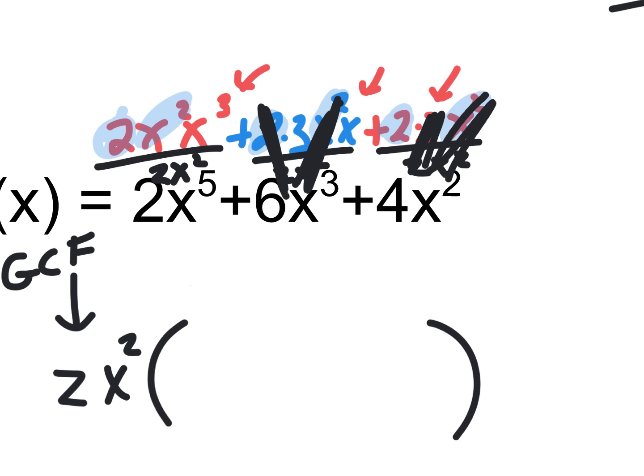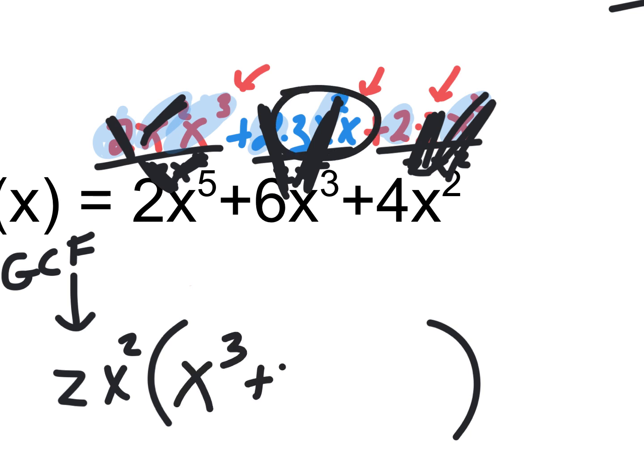That cancels that, and that cancels that. And that leaves me with this x to the third. X to the third. And up here was 3x. And at the end, there was only a 2 left.